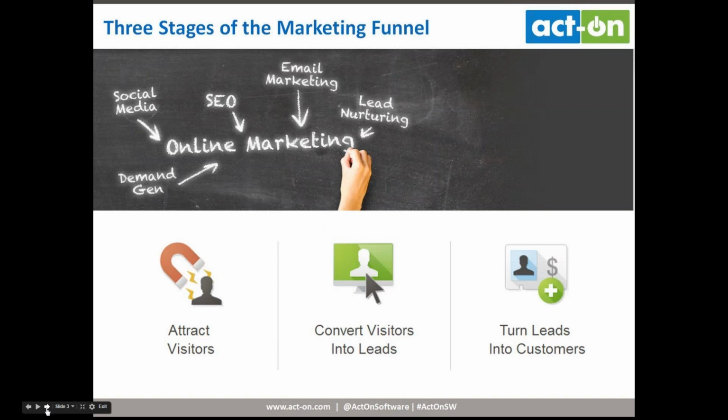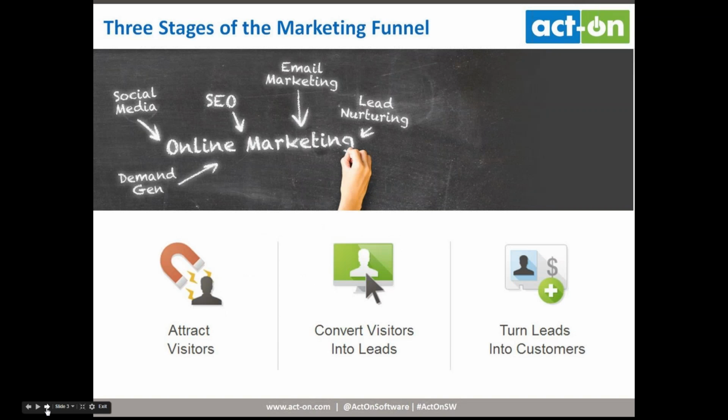By way of high-level overview of what the marketing funnel can, actually possibly should look like. 3 stages of the marketing funnel can include attracting visitors, attracting people to your website, bringing people in to see what you have to say on your site. How are you doing that?